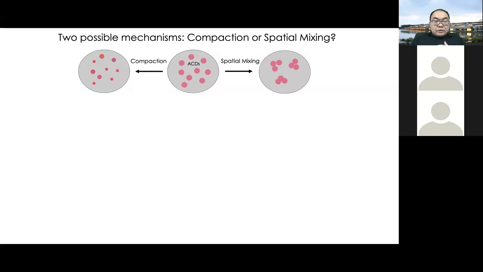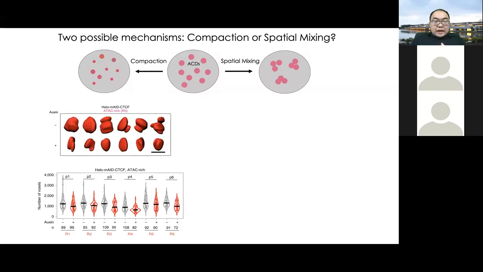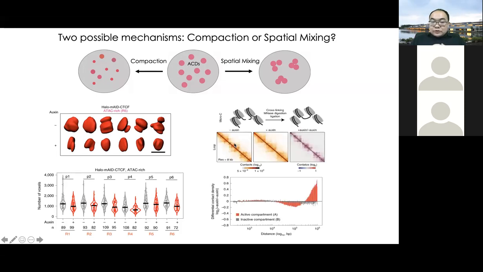Currently, our evidence points to compaction. Specifically, if we use DNA FISH to measure the domains of this accessible chromatin, we find that after CTCF depletion, the accessible chromatin starts to shrink. And this correlates very well with high throughput genomic data, which suggests that after CTCF depletion there are much stronger interactions within the accessible chromatin.